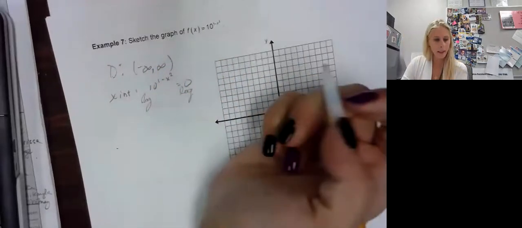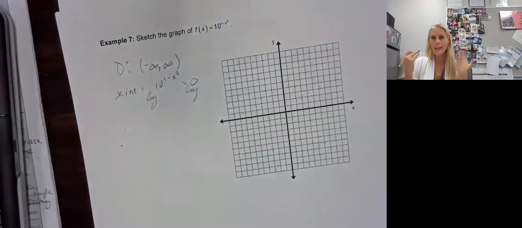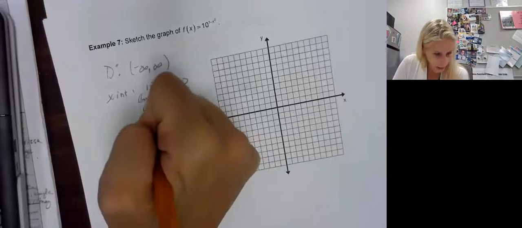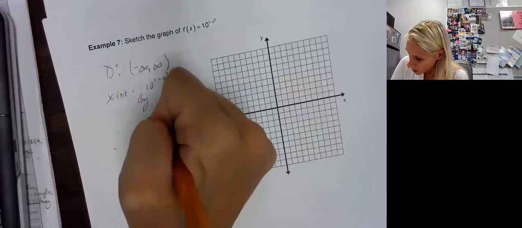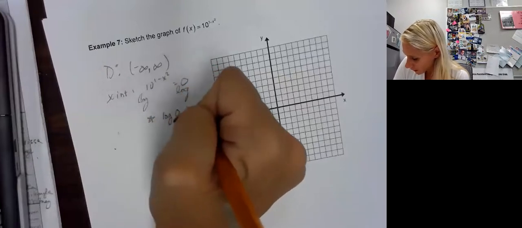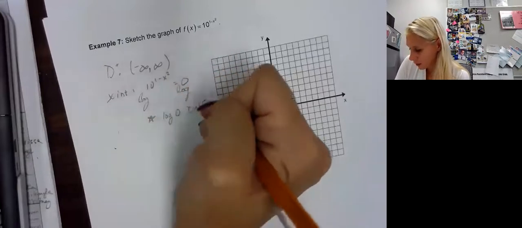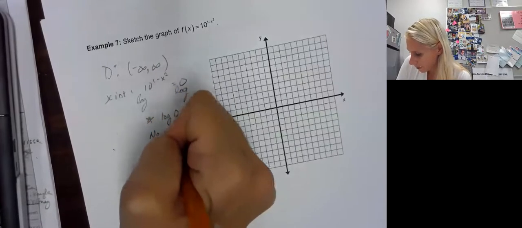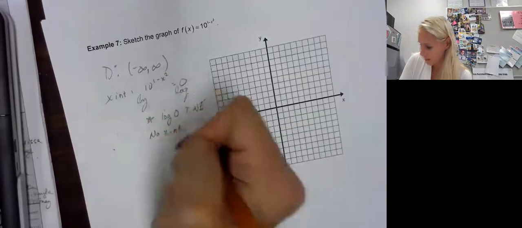But what happened, guys? Uh-oh, we can't have log of 0. So that means, so let me make this note. Log of 0 does not exist. Just to remind yourself in your notes. So there are no x-intercepts. Okay.